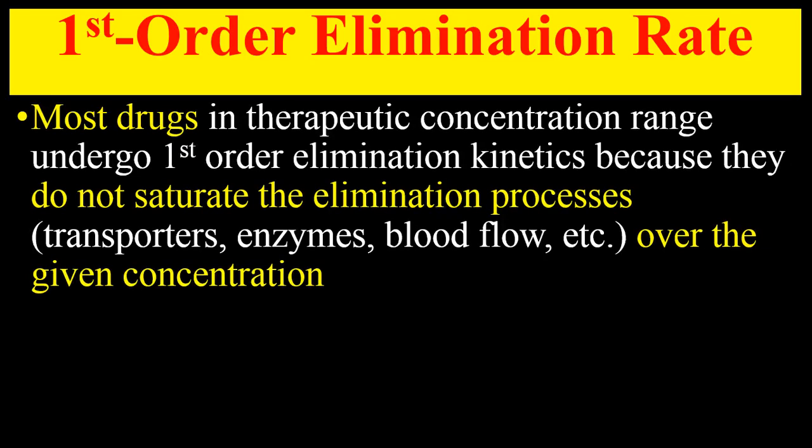Most drugs in their therapeutic concentration range undergo first order elimination kinetics because they do not saturate the elimination process, which involves different enzymes, where the blood takes the drug to the degrading enzymes, and transporters are involved. So in the concentration range in which it is used in the body, these elimination machineries are not fully saturated, they can still do more. That's why a constant fraction is being eliminated.